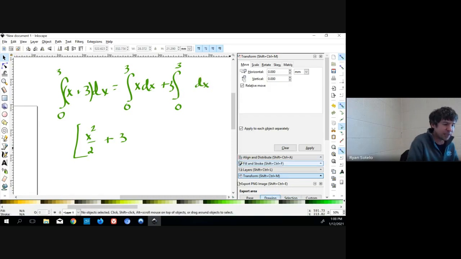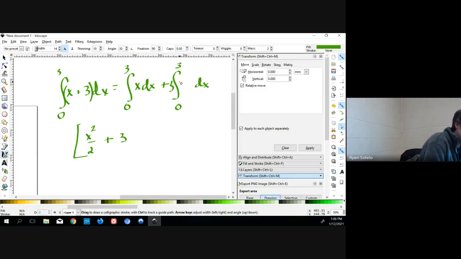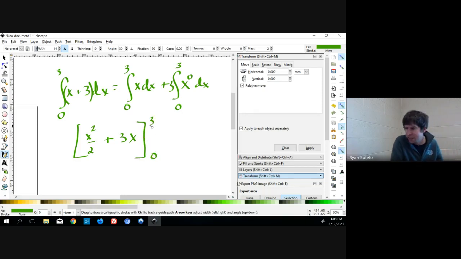And what I'm really going to think about it as is an x to the 0. And then I'll do the inverse power rule on that. So I'd raise that 0 to a 1 and divide by 1. So the integral of just dx is x. And we'd evaluate those from 0 to 3 to get our answer.